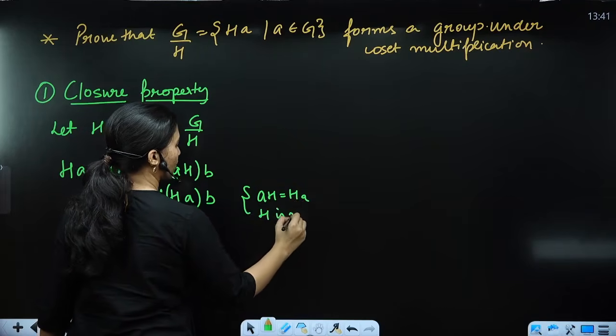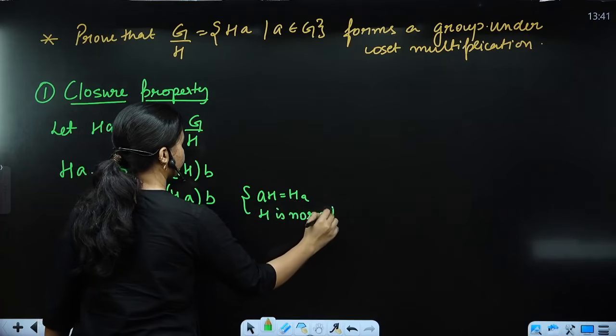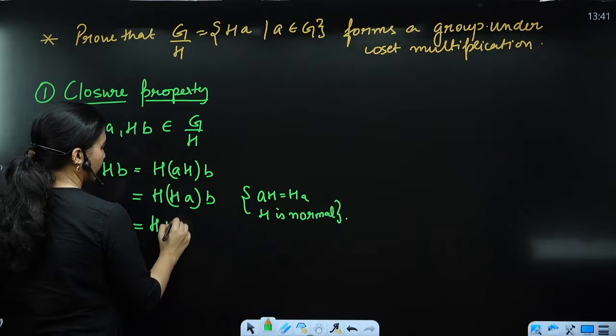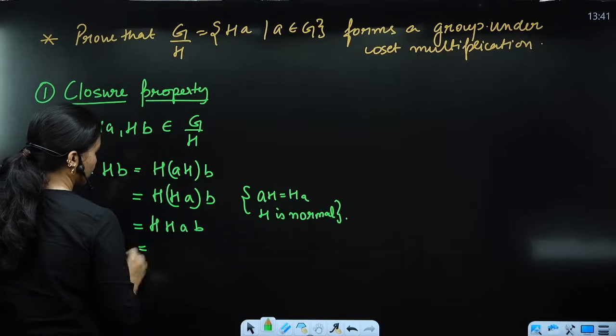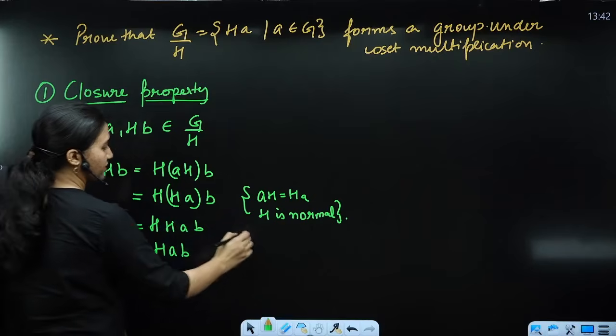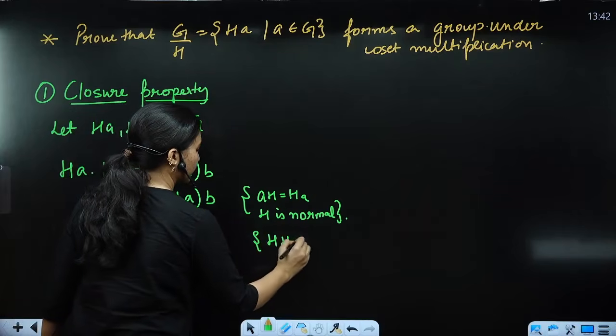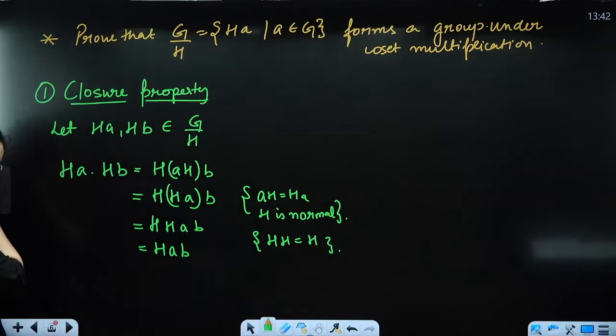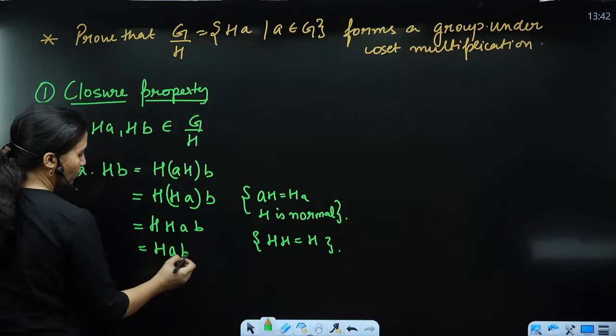H is normal, right? Now this implies that HHAB. Okay. So this implies that HAB, where HH is equal to H only. Okay, we have done this. We have already proved this, right? So this is giving us another coset, right?